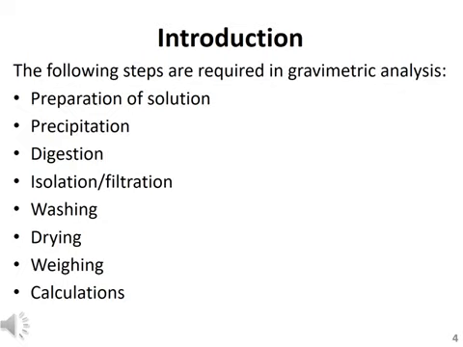After having these crystals, the precipitates must be separated from the mother liquor. Mother liquor is the solution in which the precipitates are formed. So these precipitates must be separated from the mother liquor by using a filtration process.